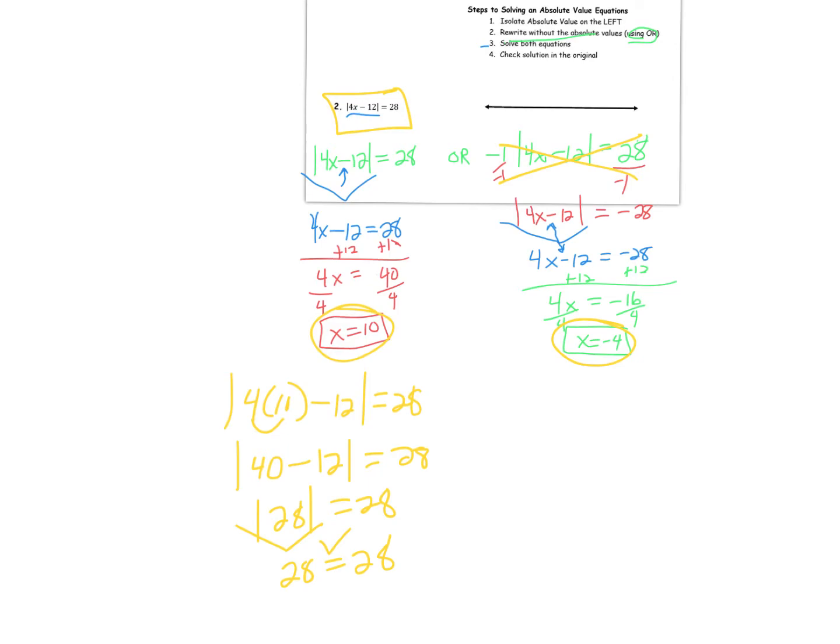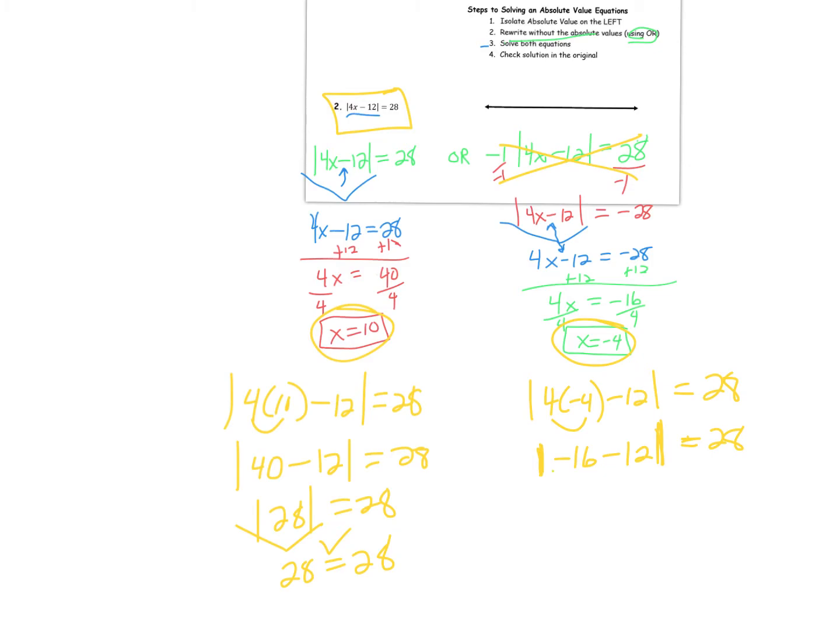Go to the other side. Absolute value of 4 times negative 4 minus 12 is equal to 28. Sorry. Again, we don't use the dark side equation. Absolute value of negative 16 minus 12 is equal to 28. Again, remember, you cannot take these bars down until there is one number left inside.